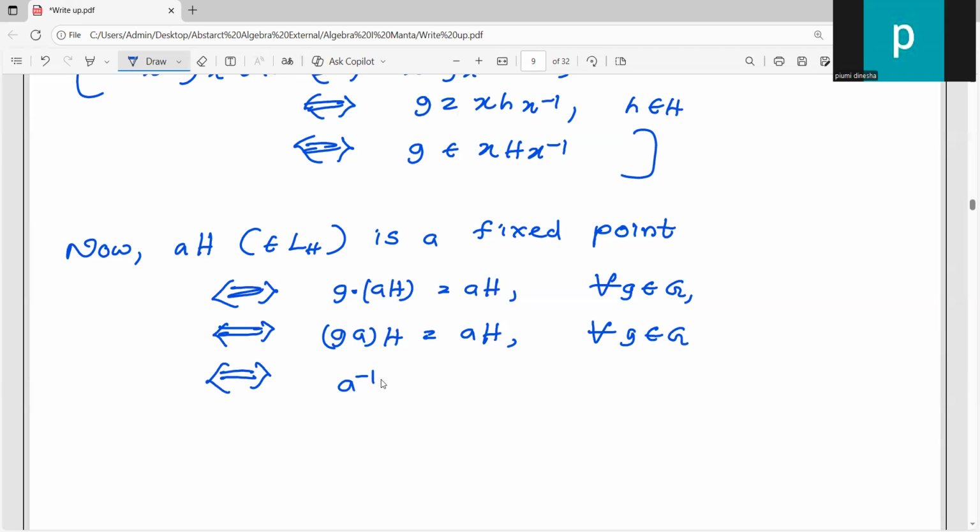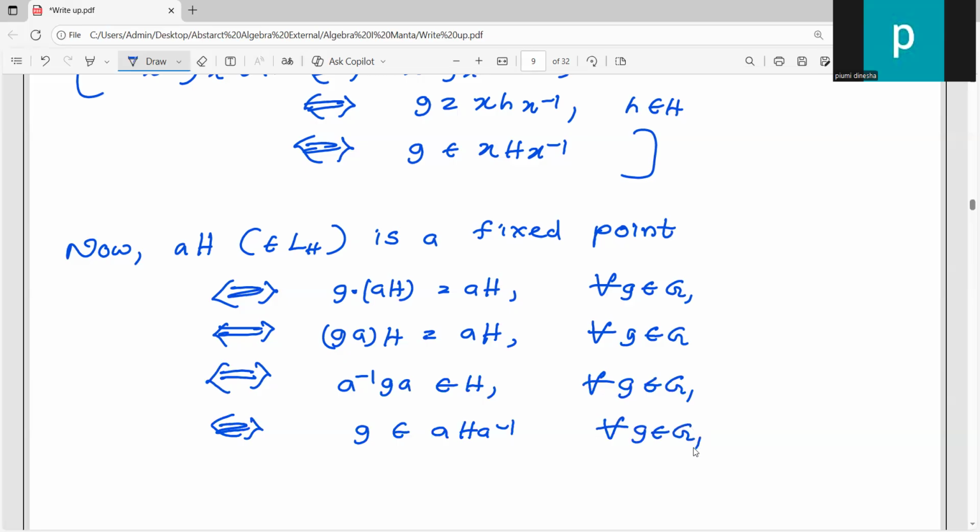So we know that, once again, applying that property, this implies a inverse ga is an element in H for all g in G. It's an if and only if statement, by the way. This implies, once again, we can say g is an element in aHa inverse for all g in G, right?